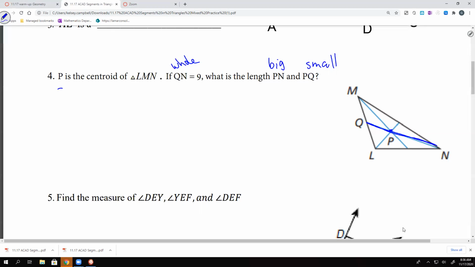So divided by 3. Your small is 1/3 of the whole thing. So 1/3 times 9, which is 9 divided by 3. So it's 3. Okay. And is that PN or is that PQ? The small one. PQ.